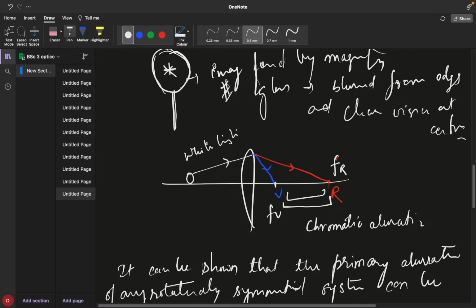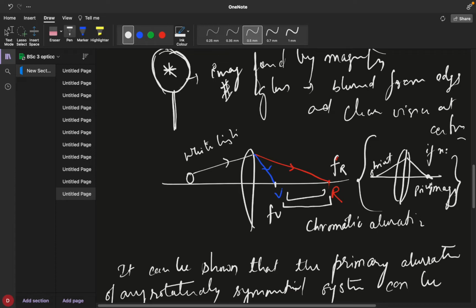If there is no aberration, with white light and a convex lens, for a point object there must be a point image. But we have chromatic aberration, so our beam is spread out in a region.